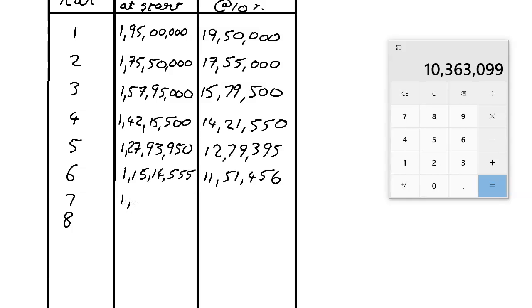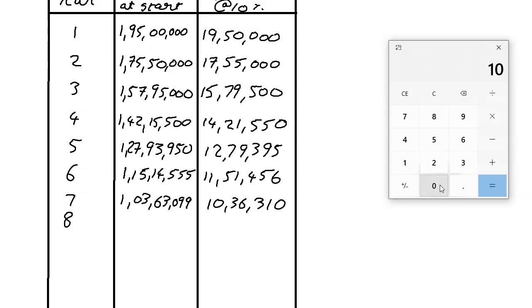Okay, it is 1 crore 3,63,099. Okay, and again we put a point over here, and accordingly we can find out what's 10%. Okay, so I'm going to write 10,36,300. Okay, and this point means we round up. That means this 9 becomes a 10. Okay, so we have 10,36,310.